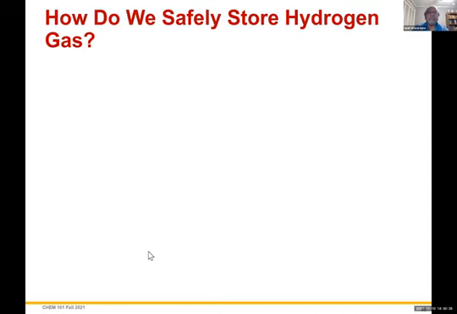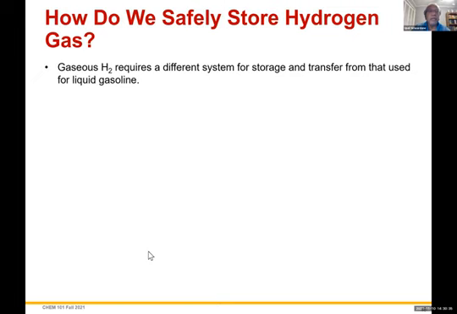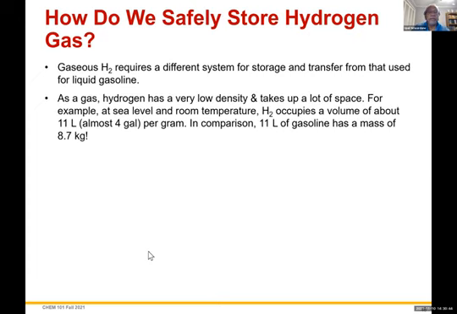Now there's another problem with fuel cells using hydrogen. How do we safely store hydrogen gas in a car? Gaseous hydrogen requires a different system for storage and transport from that used for liquid gasoline. As a gas, hydrogen has very low density and takes up a lot of space.